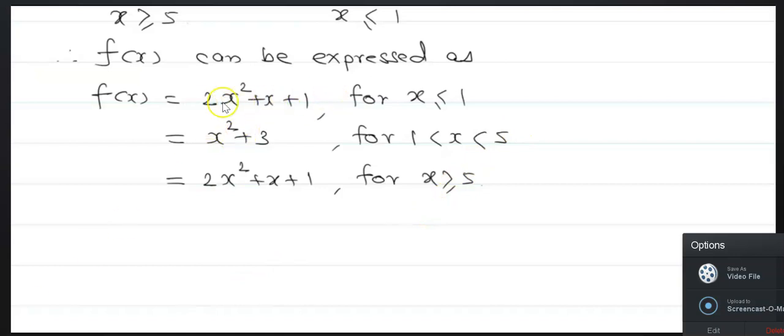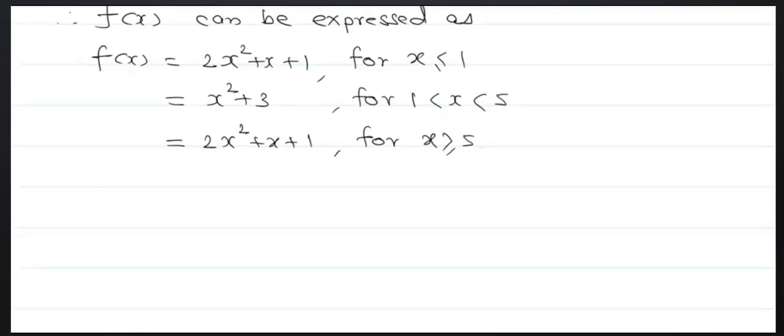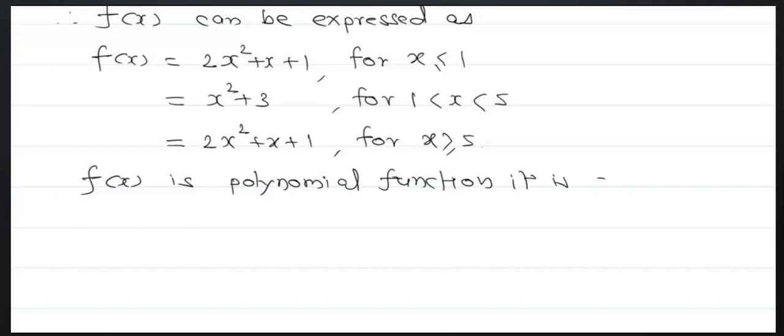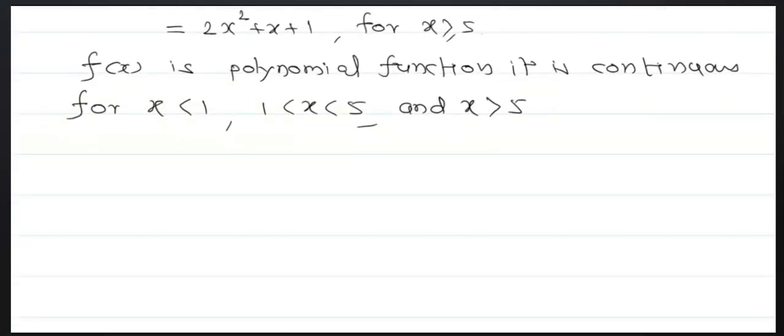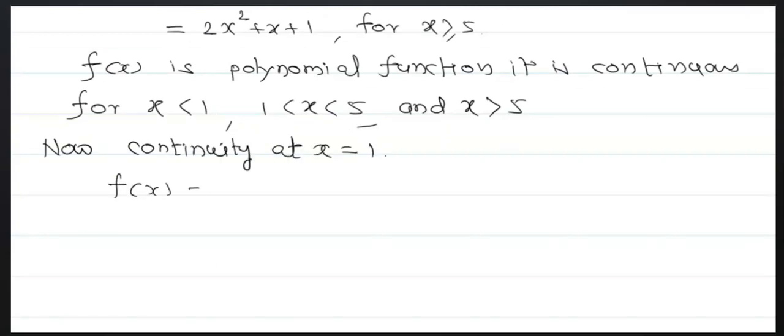The given function is of what type? A polynomial function, it is continuous, and we check the continuity at the points where the function breaks. f(x) is a polynomial function, continuous for x less than 1, between 1 to 5, and greater than 5. Now continuity at x equals 1: f(x) equals 2x squared plus x plus 1 for x less than or equal to 1.